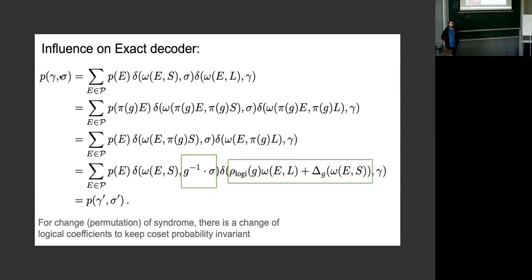Gamma and sigma were noted before, they are the coefficients of the logical part and the syndrome part. What we want to evaluate is a sum over all strings of the probability of a particular string, checking that it has the correct syndrome, and that it has the logical coefficients whose probability we are seeking.